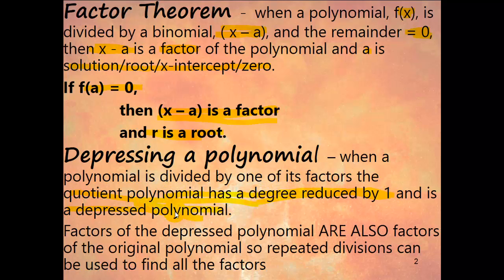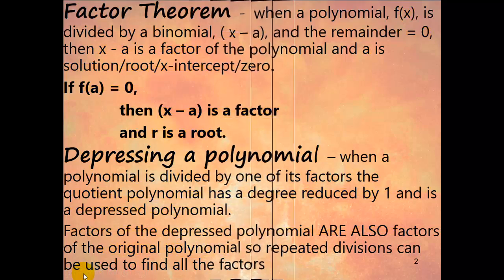Then you can use that depressed polynomial and synthetic division to keep going and find more factors. Factors of the depressed polynomial are also factors of the original. Numbers that are not factors are not factors of the original. And so we're going to do repeated divisions to find the factors, okay?